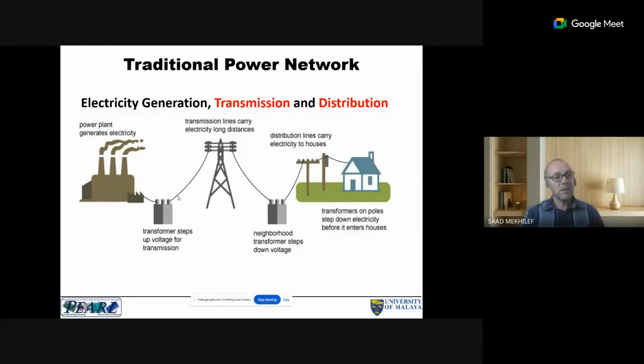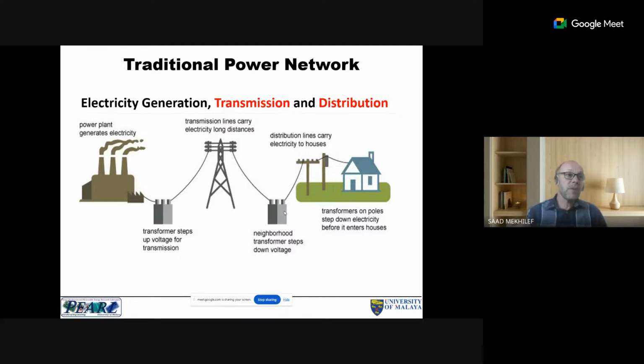Most of the time we have step-up transformers to increase the voltage. Then we have transmission, and when it goes to distribution, we have step-down transformers, and then it goes to the factories or to the homes. So this is the traditional grid. You can see it's one-way, from the generation to the distribution.